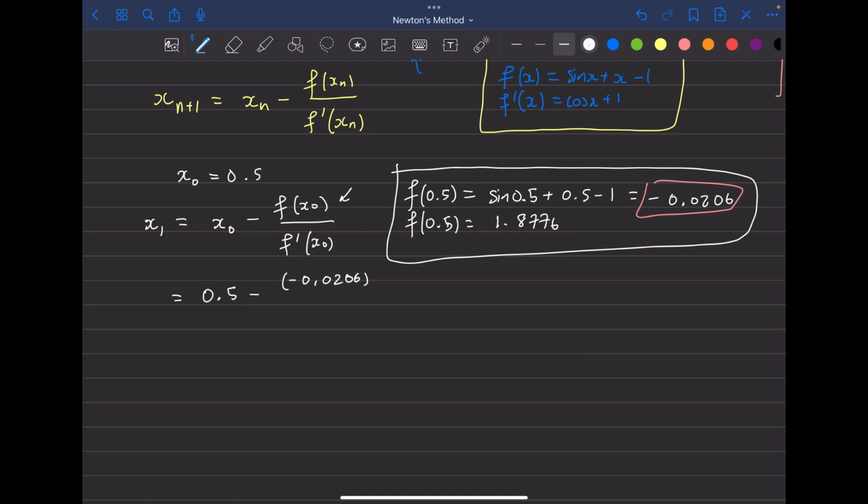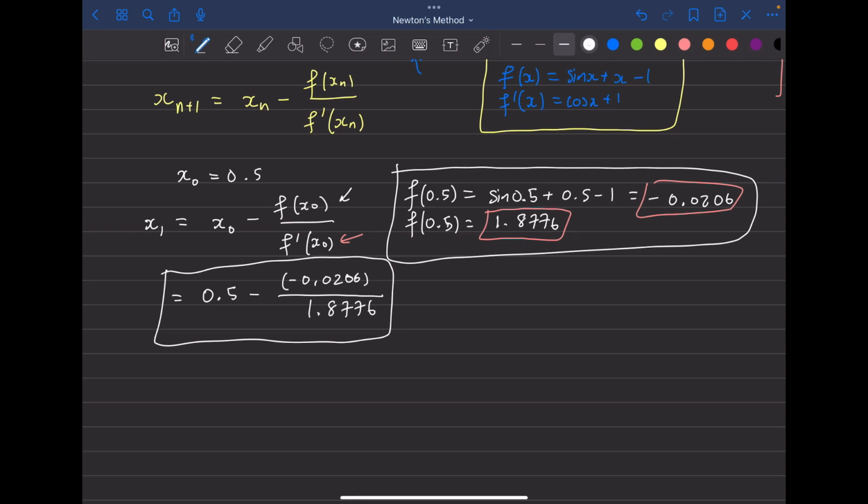And for the bottom, we know it's going to be the derivative, which we found as well, 1.8776. Let's write that down here. After getting this, all we have to do now is plug it into a calculator. So I get that x1 is equal to 0.510957953.